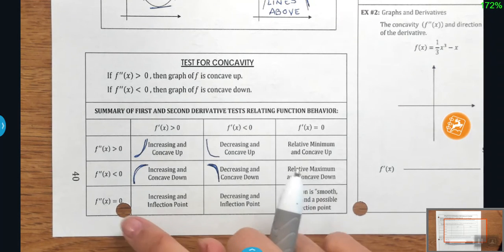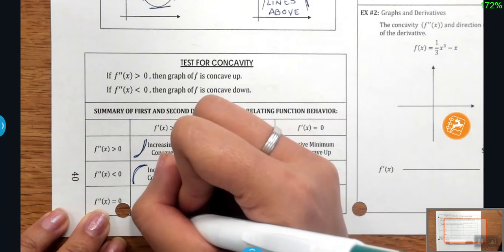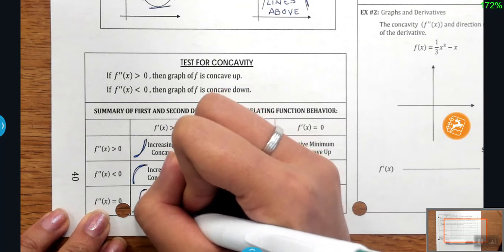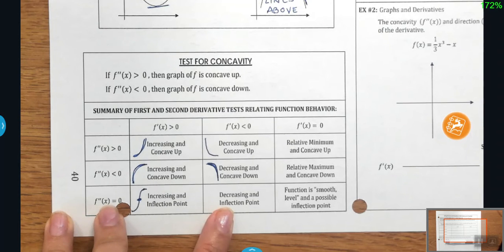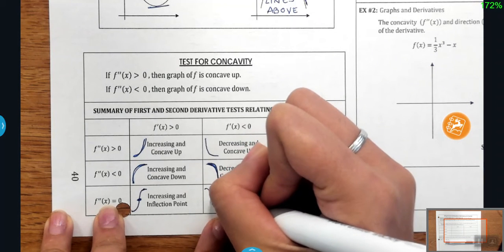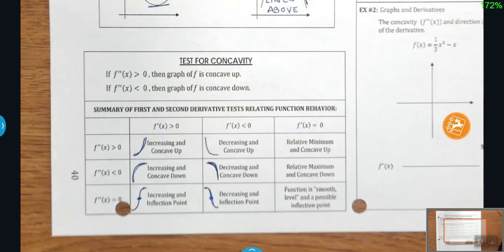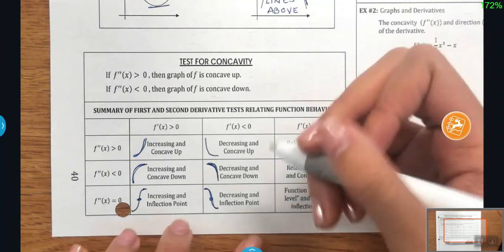And if the second derivative equals 0 and it's increasing, you have a point of inflection. So you should be going up with a point of inflection right there. And then if the second derivative equals 0 and its first derivative is less than 0, then you're decreasing with a point of inflection. So it looks like that. And then this one is first derivative equals 0 and second derivative equals 0.